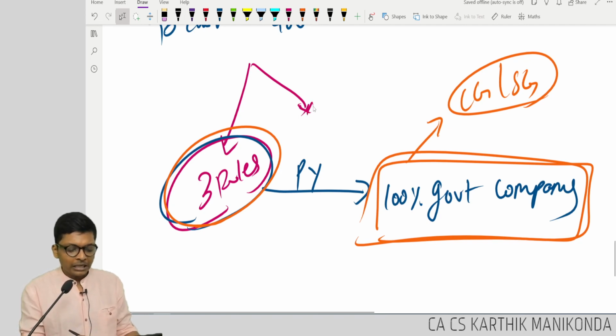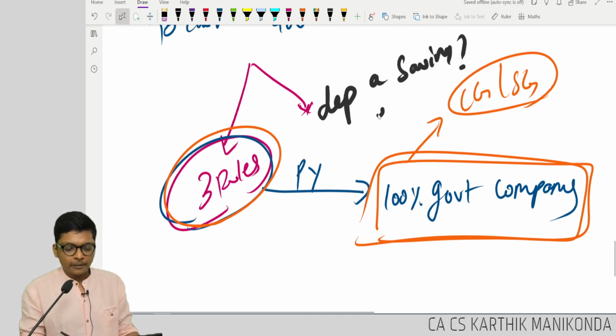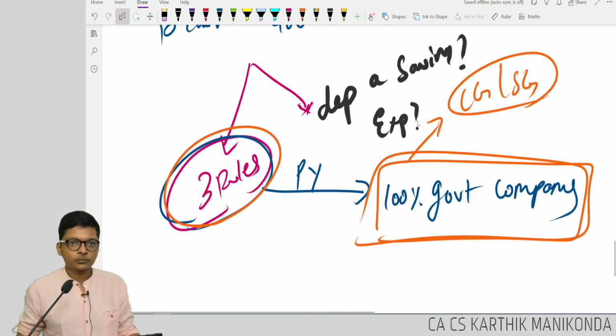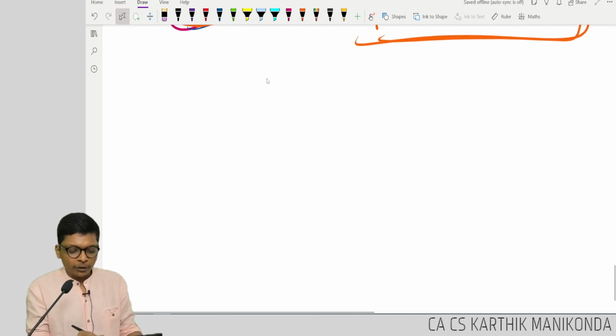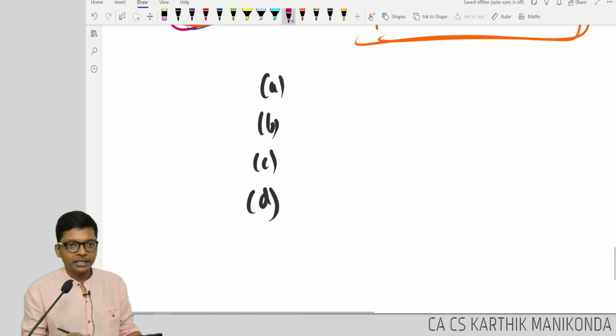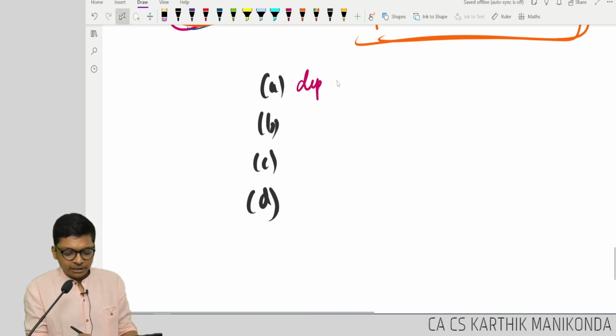Then the last provision. Did we study this? Is depreciation a saving or is it an expense? Let me write 4 points. A, B, C, D. A: Depreciation is a saving.